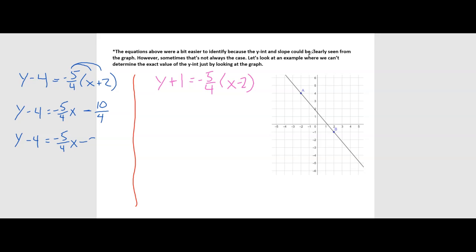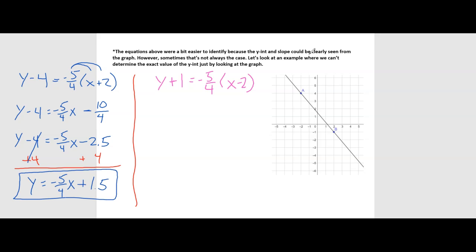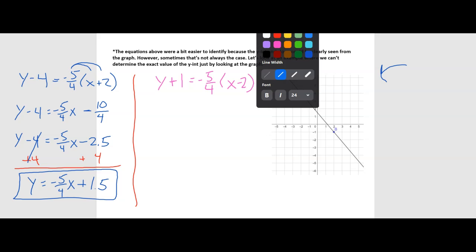So 10 over 4 is really 2.5. Then if I add 4 to both sides, I get y is equal to negative 5 over 4 times x plus 1.5. And this makes sense because if we look at our graph over here, our y-intercept is somewhere between 1 and 2, and 1.5 is certainly between 1 and 2.